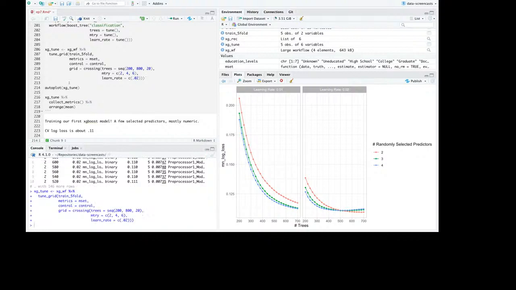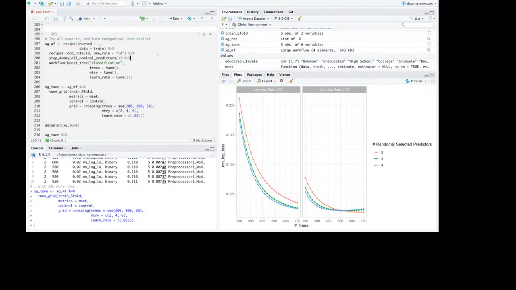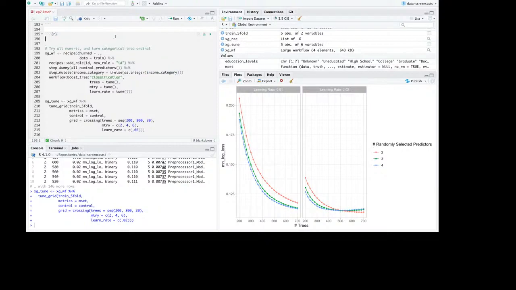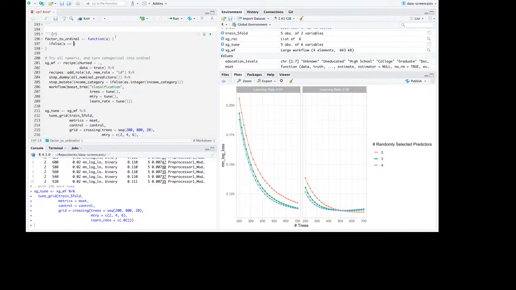Oh, what am I doing? I already did that. What I want to do is say train and step dummy and step mutate income category is as integer category, except I want unknown to be NA.